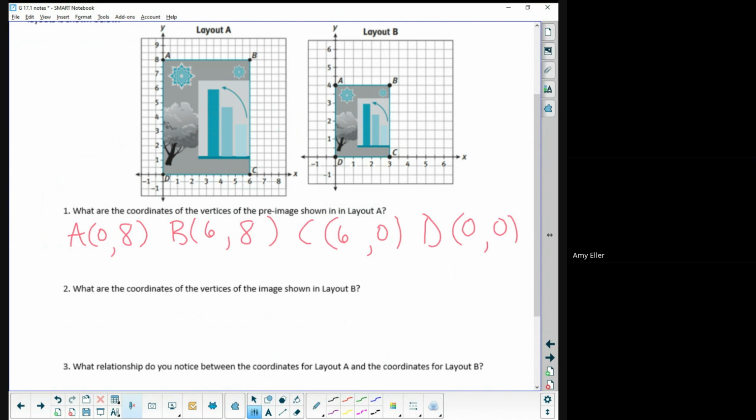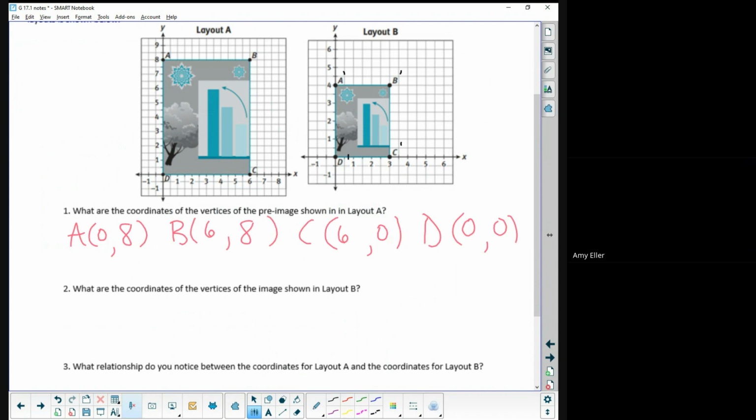Number 2, what are the coordinates of the vertices of the image shown in layout B? Could you please change something on your notes for me? Please label these A prime, B prime, C prime, and D prime.